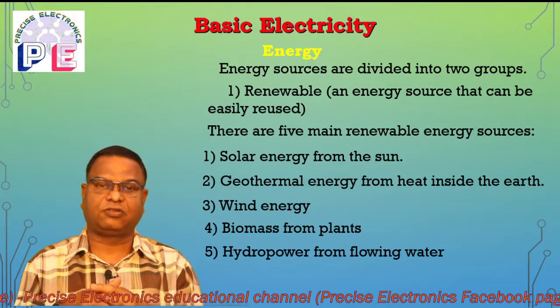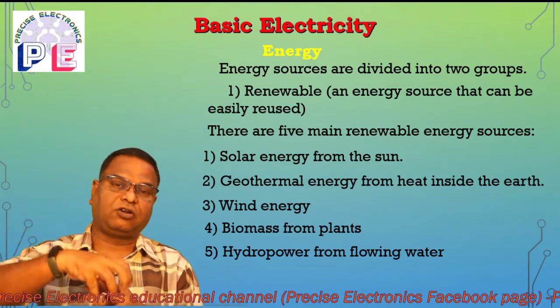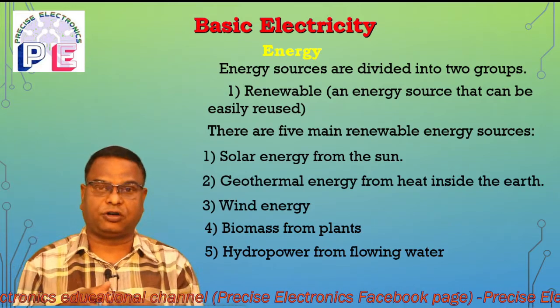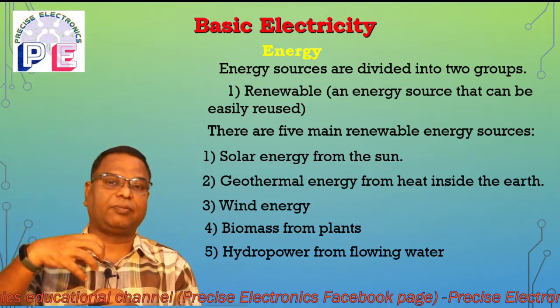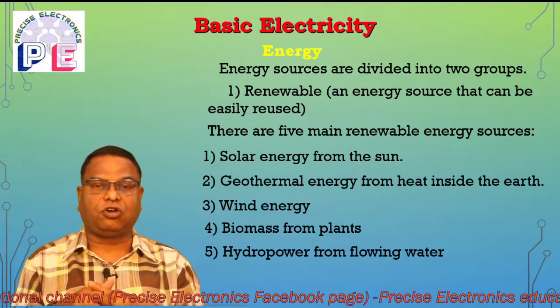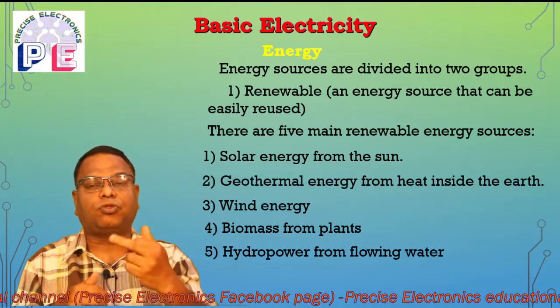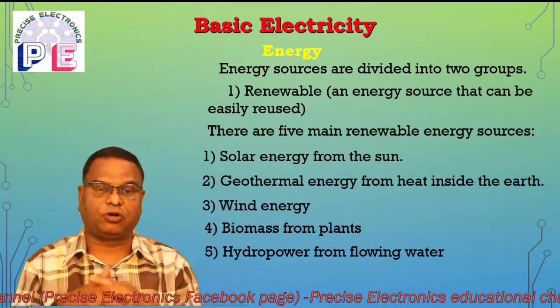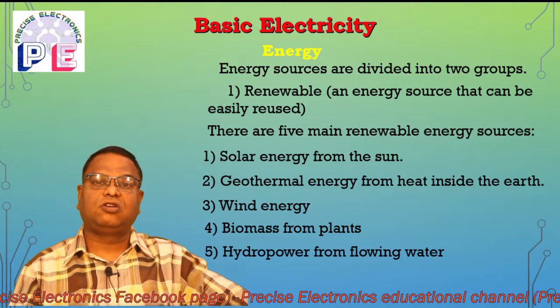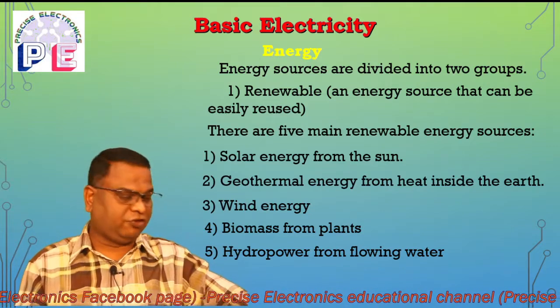The turbines rotate because of the force created by water applied on the turbine at a very high speed. That energy source is one of the renewable sources, that is hydropower from flowing water. So friends, these are the sources of renewable energy.